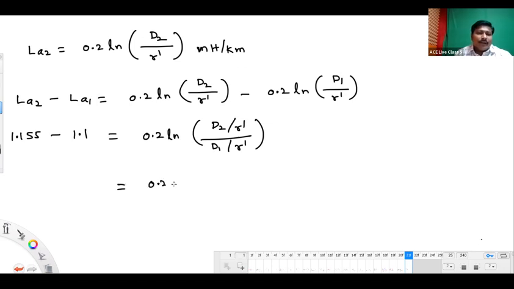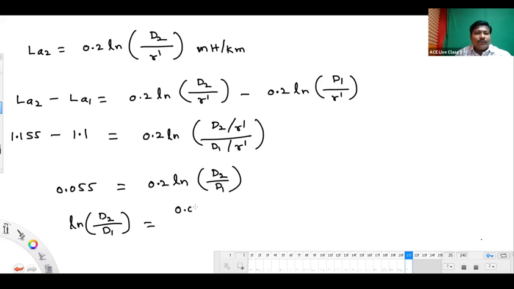You will get 0.2 ln of D2 by D1, and this resultant is 0.055. So ln of D2 by D1 will be 0.055 by 0.2, which is 0.275. And you can get D2 by D1 from this now.